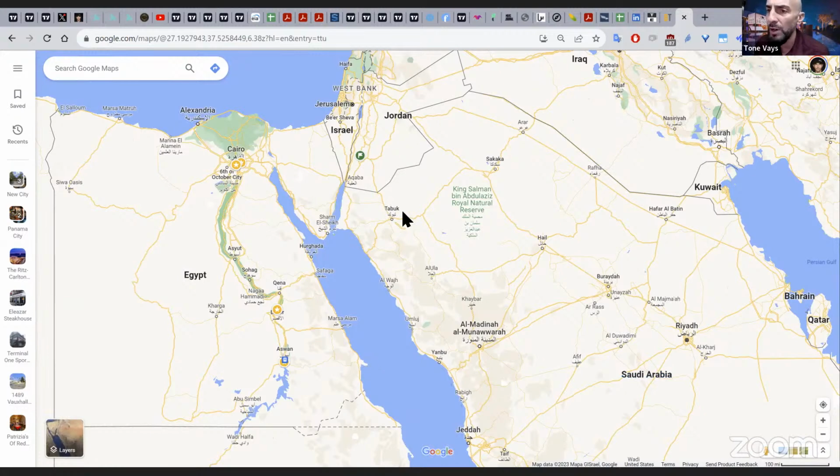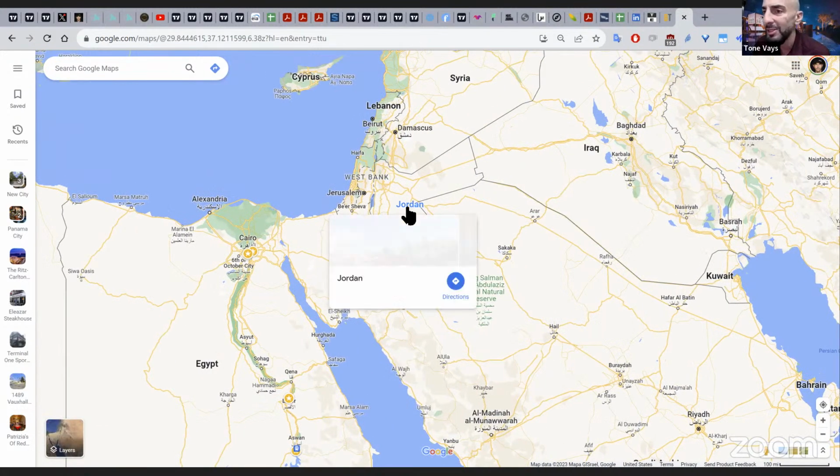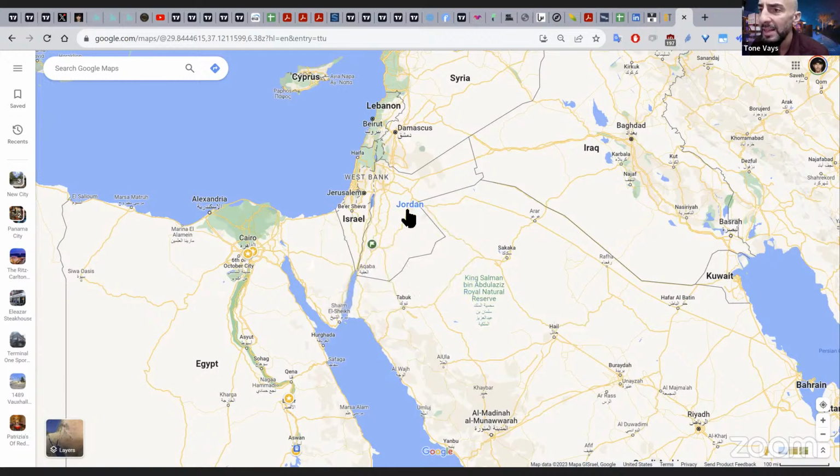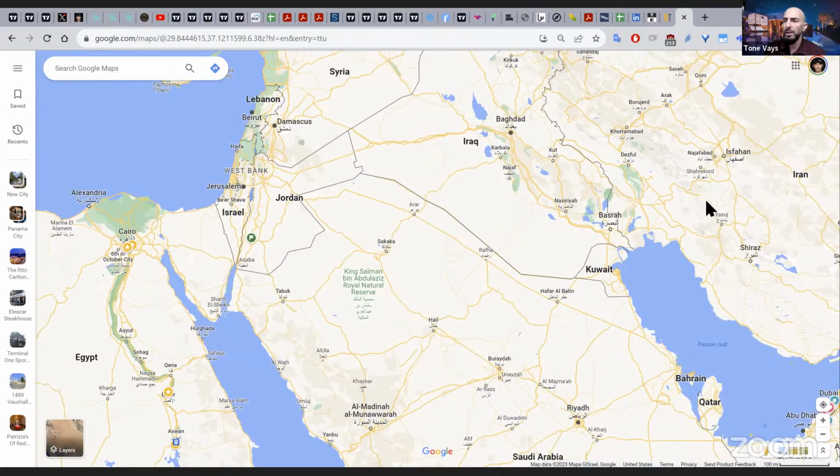And Jordan is a bit dysfunctional, but even so, going through Jordan is hard, and then they still have to cross Israel, or they got to go through Egypt. And Egypt and Iran aren't exactly besties. Maybe eventually, but again, Shia, Sunni, it's resolving itself, but still slowly.